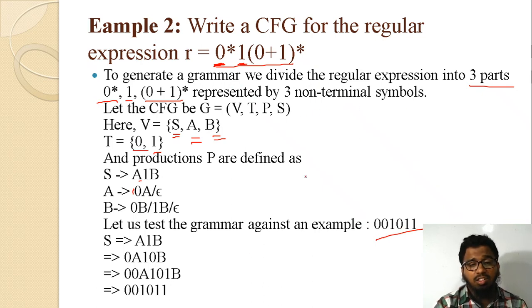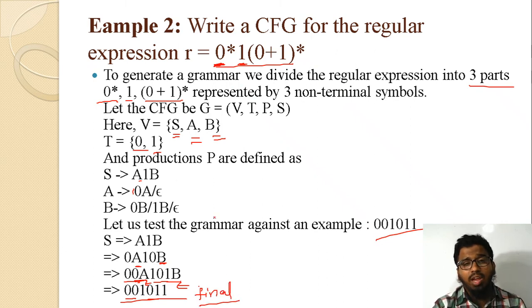We start with A 1 B. In place of A I am writing 0 A, and in place of B I am writing 0 B. First I want 0, because of that I am taking 0 A. Then next 0 A; here again this A is taken as 0 A and this B is taken as 1 B. At the last we want 1, so because of that we have taken 1 B. In place of A we have taken epsilon, in place of B we have taken epsilon, so this gives 0 0 1 0 1, and in place of the last B I write 1 B, where B is epsilon, so I am just adding 1. So this is the final answer.